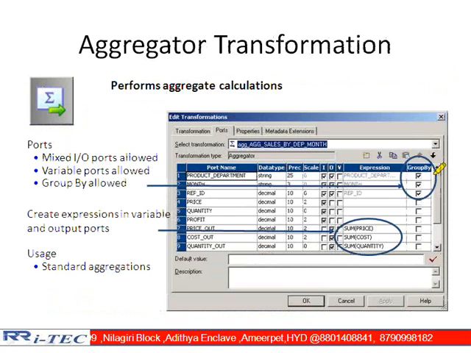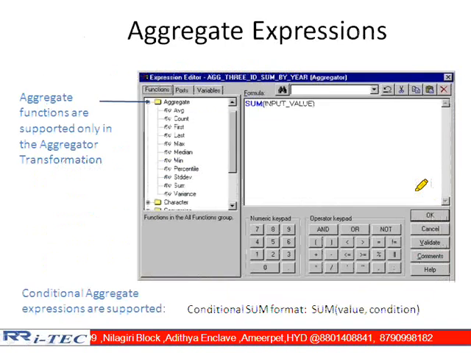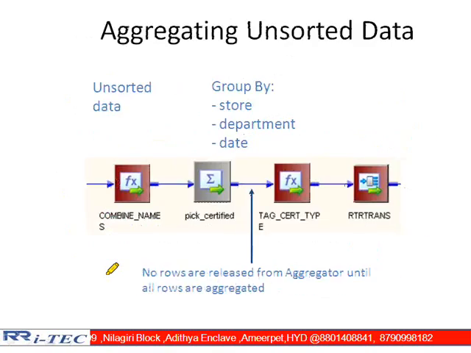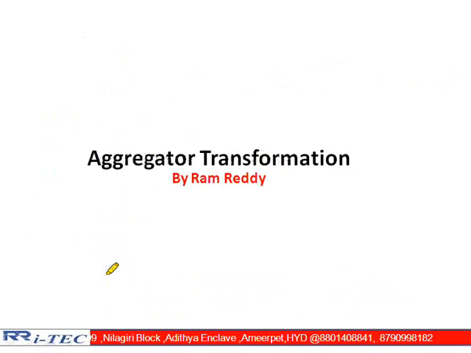That means here I am using these three columns as group by ports, so the same three columns I need to sort in the sorter transformation and send here. You must pass the data sorted by group by port in ascending or descending, any one way you can send it. Okay, this is the aggregate transformation. Any questions on this one?